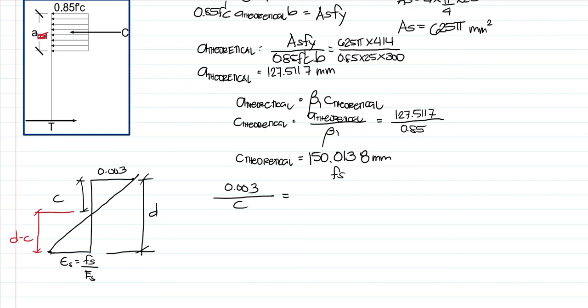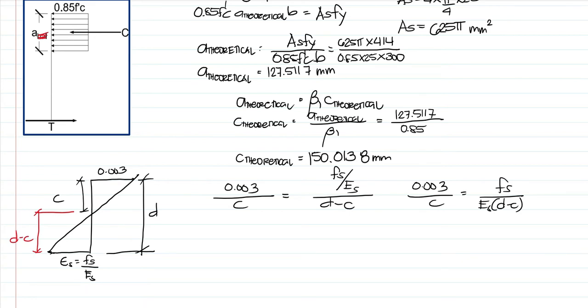So that is Fs over Es divided by D minus C. So syempre, etong Es natin bababa, yung Fs natin is re-retain. So pag sinimplify natin yan, that is 0.003 over C is equal to Fs over Es times D minus C.